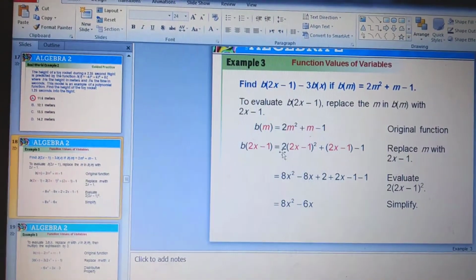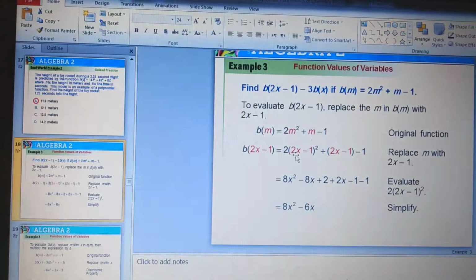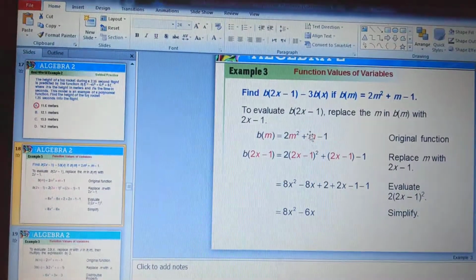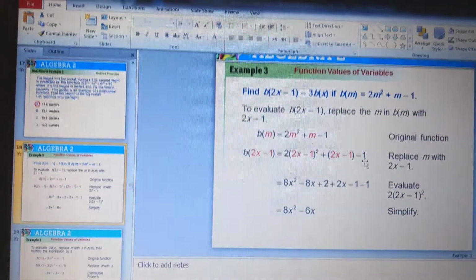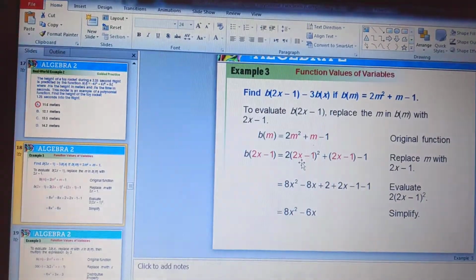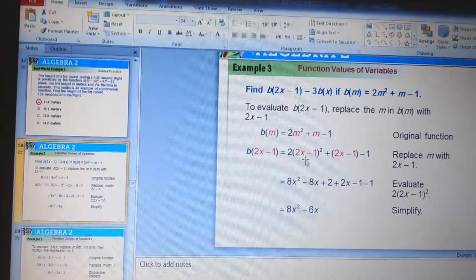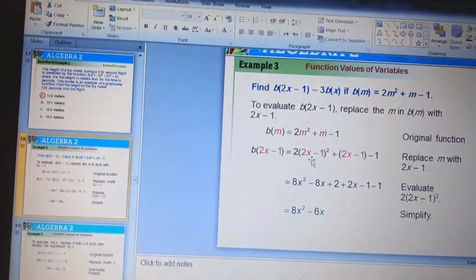b(2x minus 1) will become 2 times, again instead of m, I put (2x minus 1) power 2, plus, again instead of m, I put 2x minus 1, minus 1. Now I solve this. Of course, this special product (2x minus 1) power 2 is the square of a difference. How do we solve it?